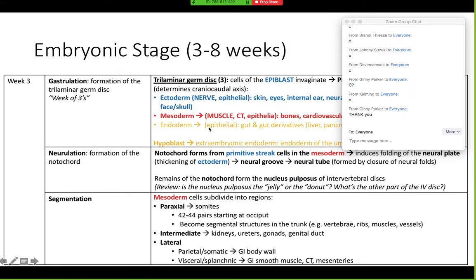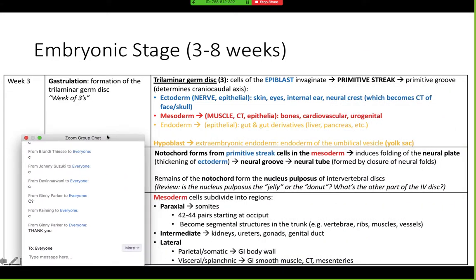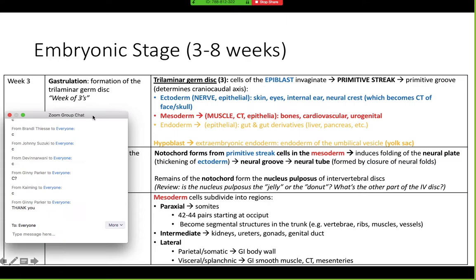Next, during week 3, we have gastrulation. Gastrulation refers to the formation of the trilaminar germ disc. When the epiblast cells invaginate and form the primitive streak, it's actually the epiblast cells that are responsible for the formation of the ectoderm, the mesoderm, and the endoderm.